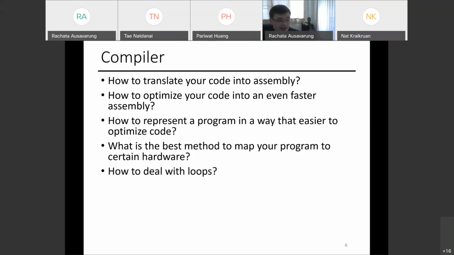How to deal with loops. This is another big question in compiler. Why is that the case? How many of you write a program with big loops?